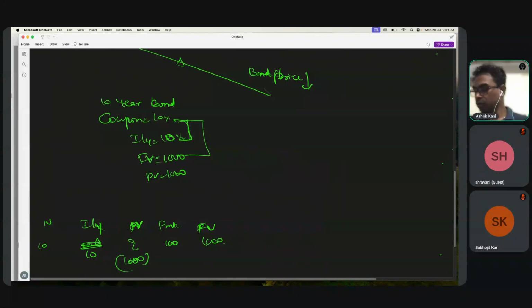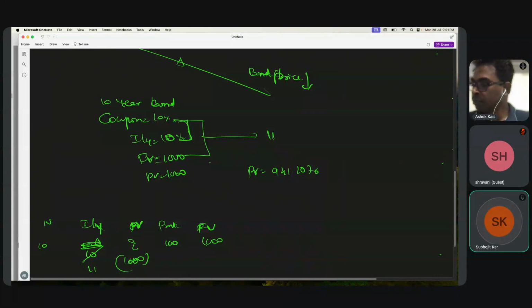So now, if the interest rate goes up, you again calculate. Instead of 10, make IY 11, and then find out the present value. 941.1076. That means when the interest rate went up, the price came down to this extent.